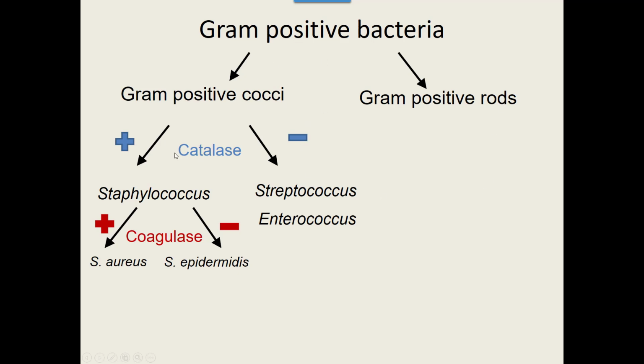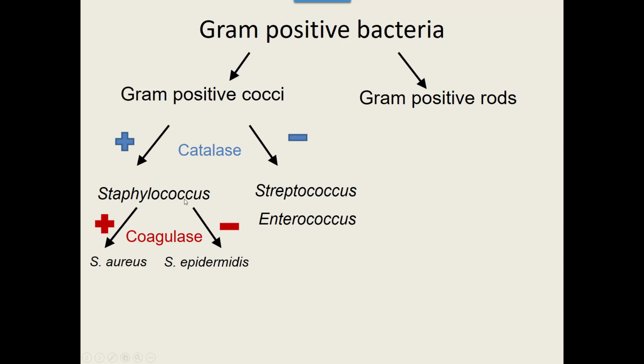And then of the cocci, we do a catalase test, which we're doing in lab. If they're catalase positive, we know it's some type of Staphylococcus bacteria. If it's negative, it's either Streptococcus or Enterococcus. These are the main bacteria that are cocci shaped. It's also in their names. But these are catalase negative.